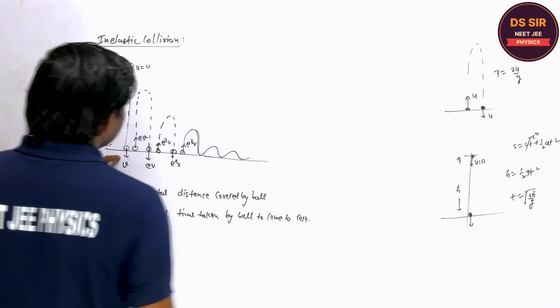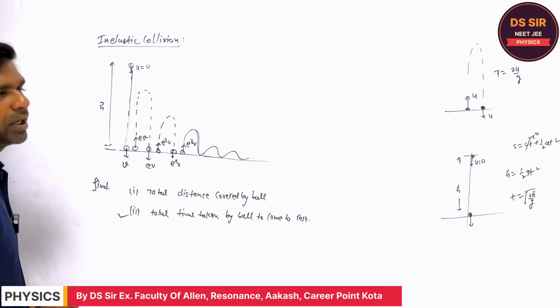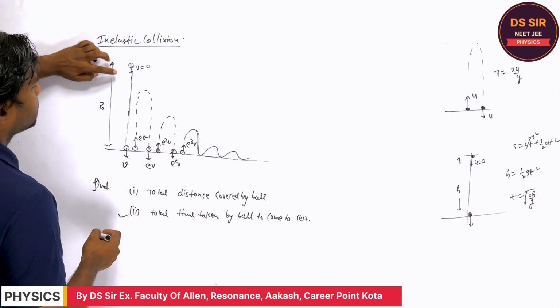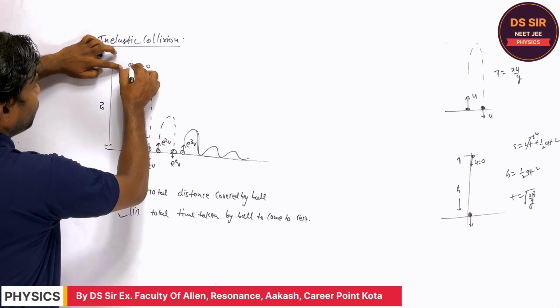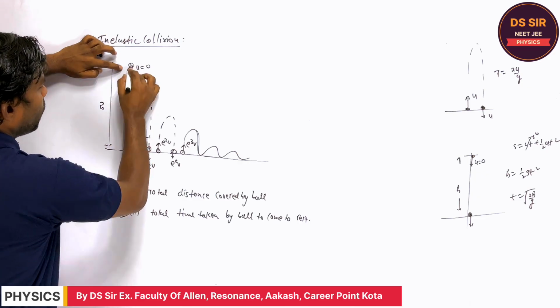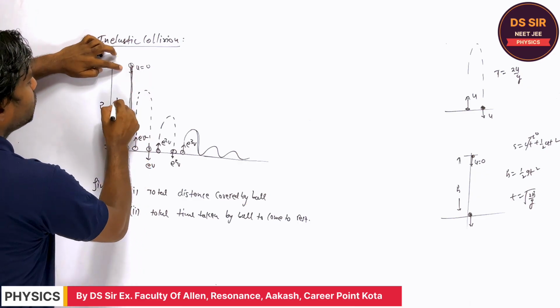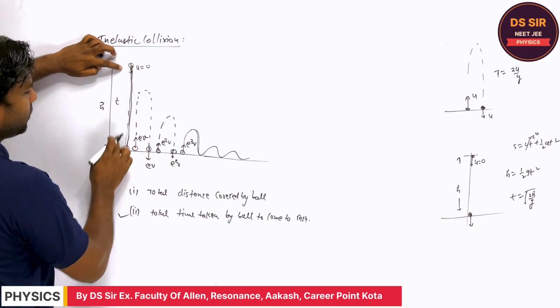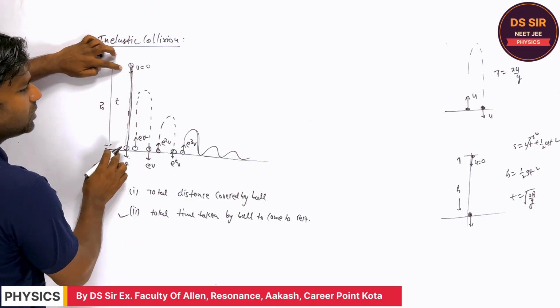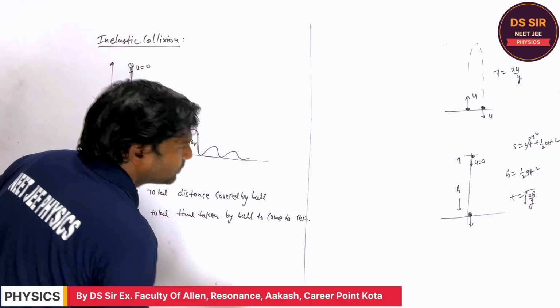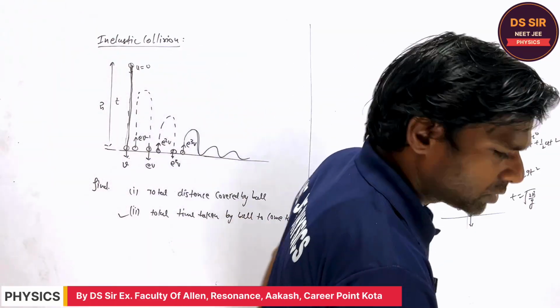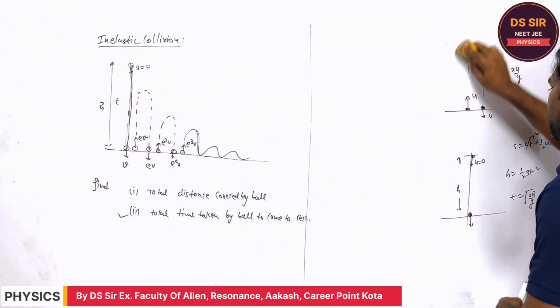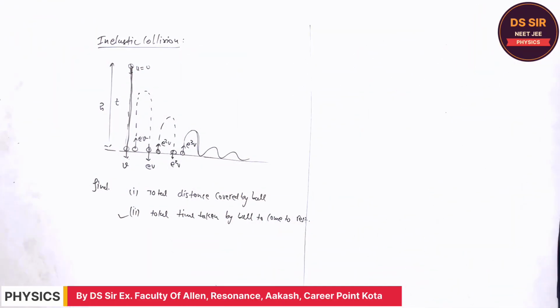Okay, in this case, first we will find the total time taken before coming to rest. How to find? Listen one thing. From here to here, what is the total time? Suppose this is the time t. For the h, before the first collision, what is the time? You tell. Root 2h upon g.